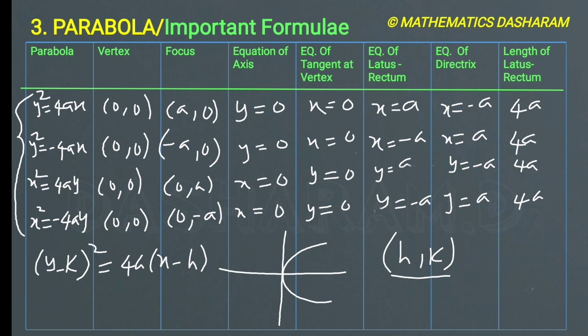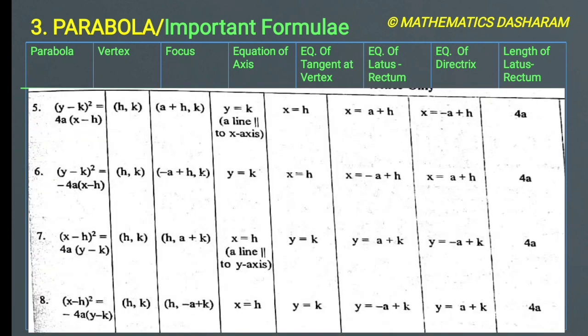Let's see once. So these are the four different types of parabola standard forms whose vertex is other than origin, that means h comma k was taken. So this is a vertex, this is a focus, this is the equation of axis, this is the equation of a tangent at the vertex, and this is the equation of a latus rectum, equation of a directrix, length of a latus rectum. So like this, total 4 are there.